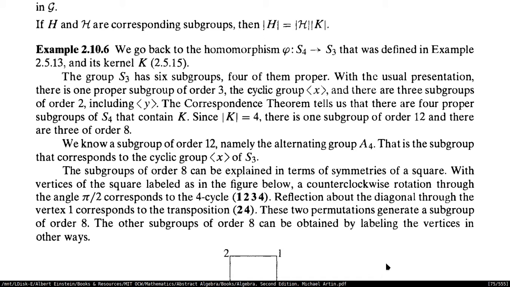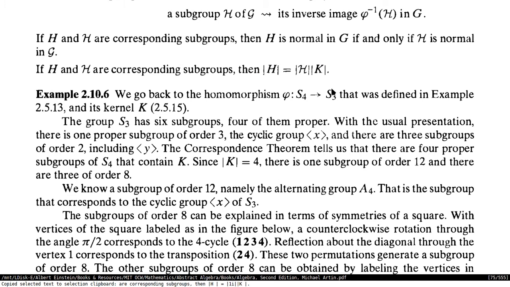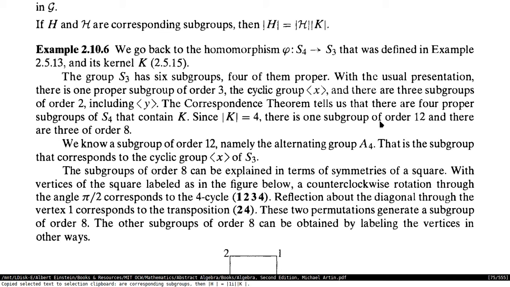Because you have one proper subgroup of S3 that has order 3, from this formula you're going to get one subgroup that has order 12, that will be 3 multiplied by 4. Then the other 3 are going to be 2 times 4, because you have 3 subgroups of order 2. So you will have 3 of order 8.